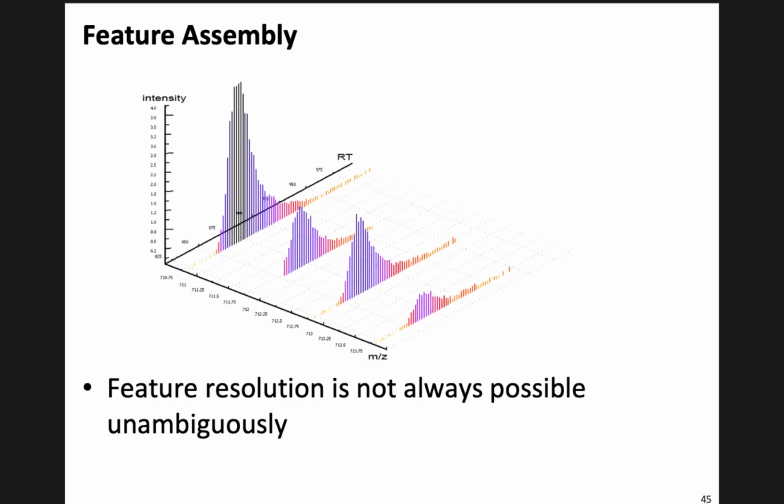In some cases, we cannot resolve these features unambiguously. So let's look at this guy. What do you think that is? That looks a bit odd. What's odd about this feature? So first of all, the elution profiles are fine.